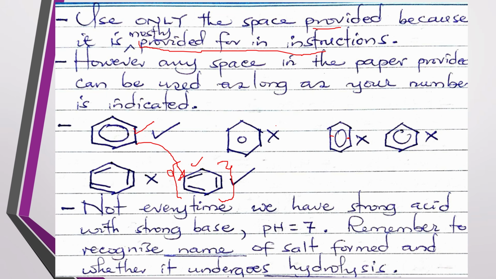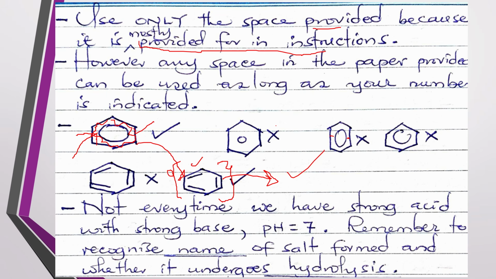And the reason for that is because the majority of your teachers do not teach it to you the right way. So in mechanism, strictly use this structure. But in synthesis, you can use that structure, but make sure that the relative distance left on either side is quite the same. Don't make that circle favor only one side or one length of the hexagonal shape. So I hope I've been very clear on the structure of benzene.